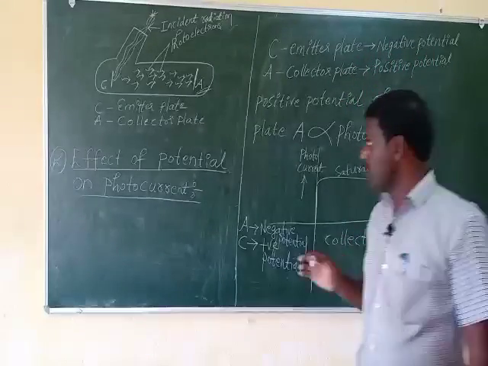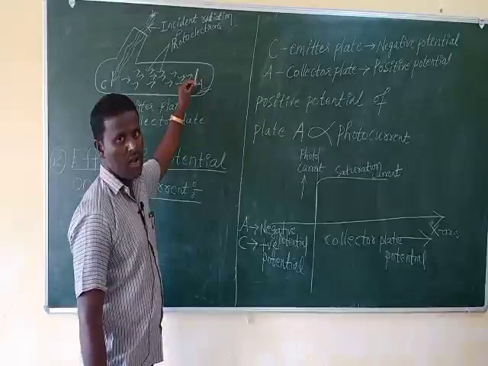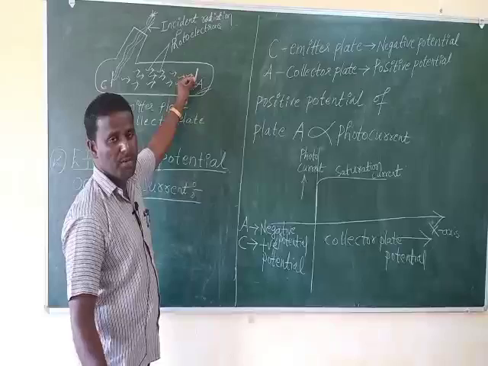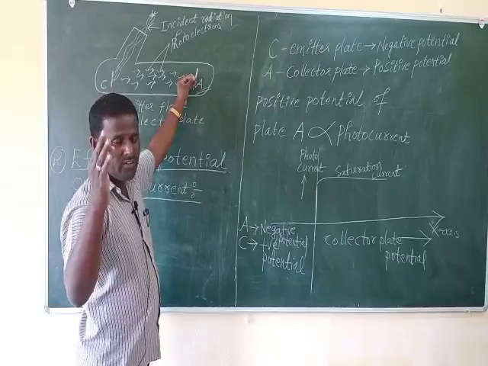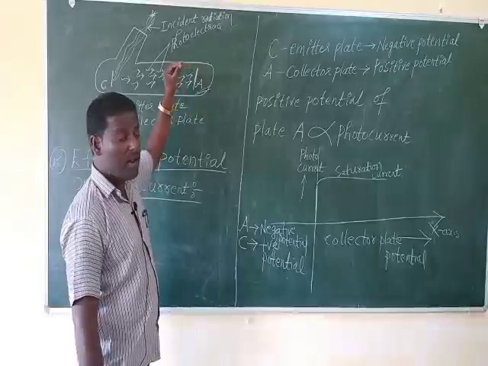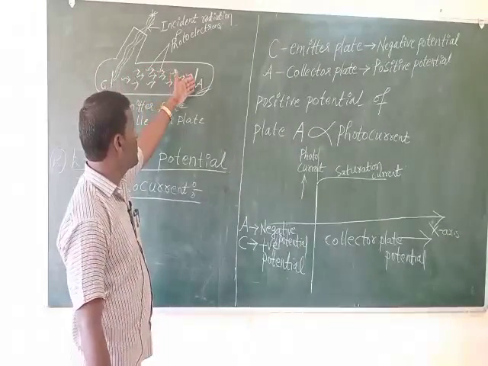What happens? When plate A has a negative potential, the electrons start repelling from the plate A. Attraction does not happen; repulsion starts.